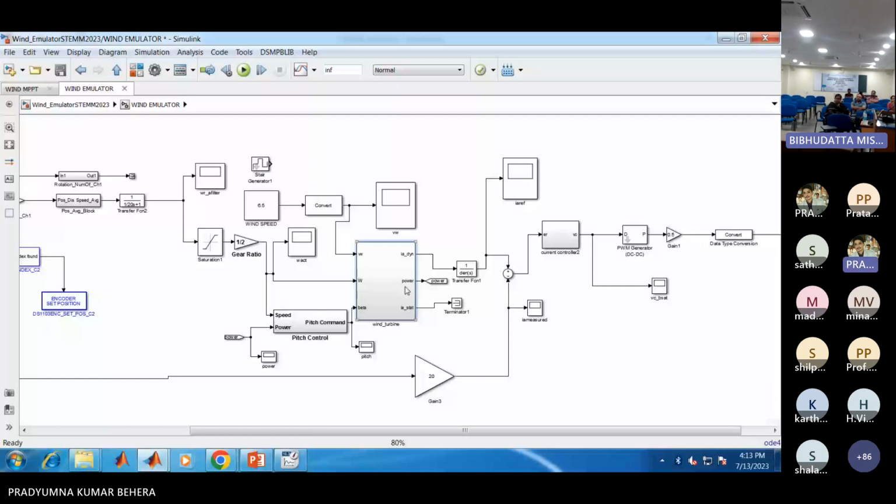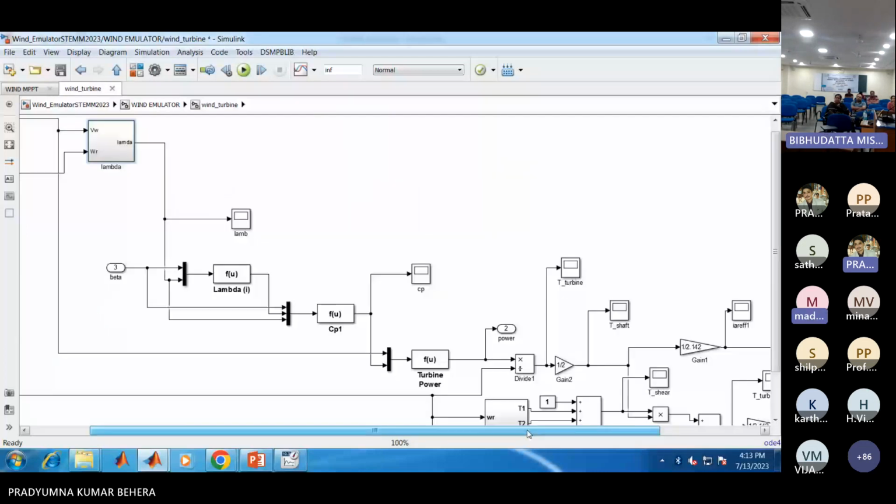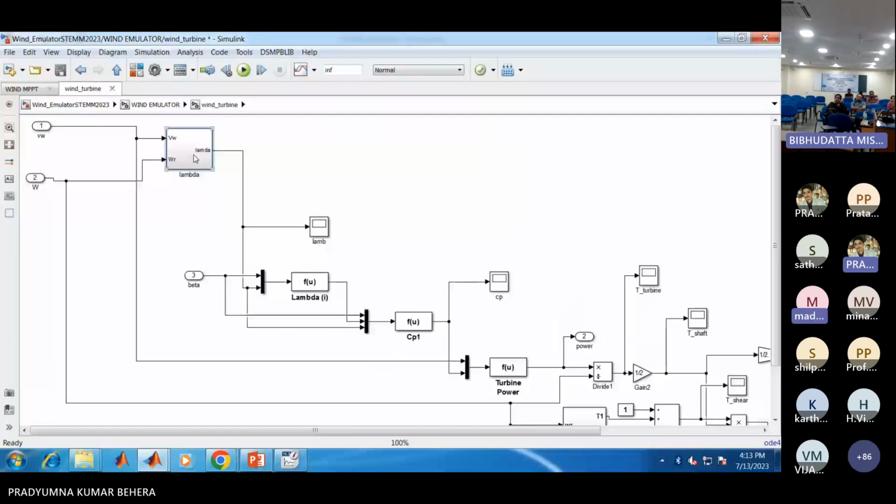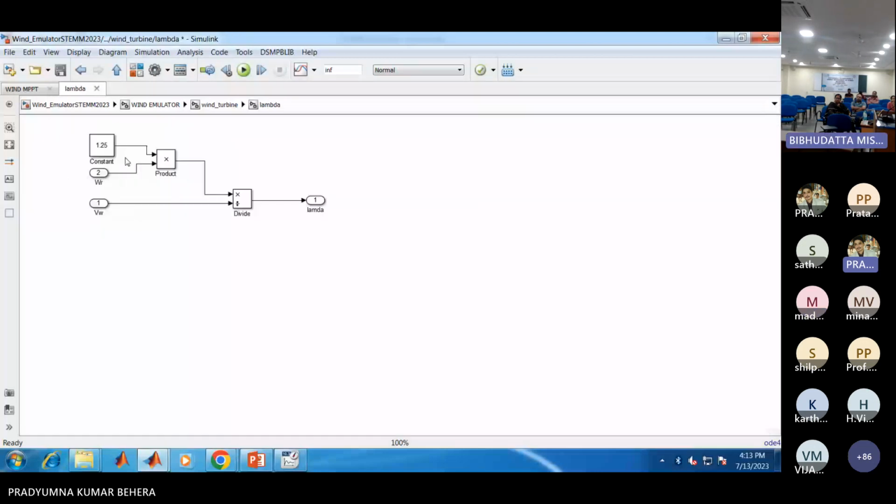If I open the subsystem, you can see we are computing the lambda value, that is omega turbine, the angular speed of the turbine, into the radius of the wind turbine. We have considered 1.25. It is multiplied and divided by the wind velocity. From there we get lambda, that is the tip speed ratio.